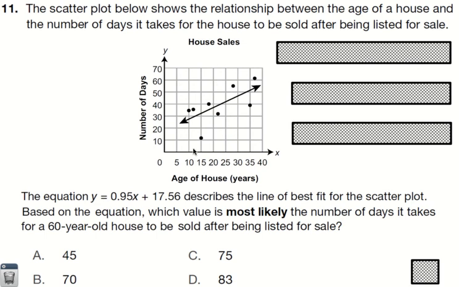Now, potentially, you could just eyeball the graph, because here's the age of the house in years. So 60 years would be 35, 40, 45, 50, 55, 60. 60 would be over here.